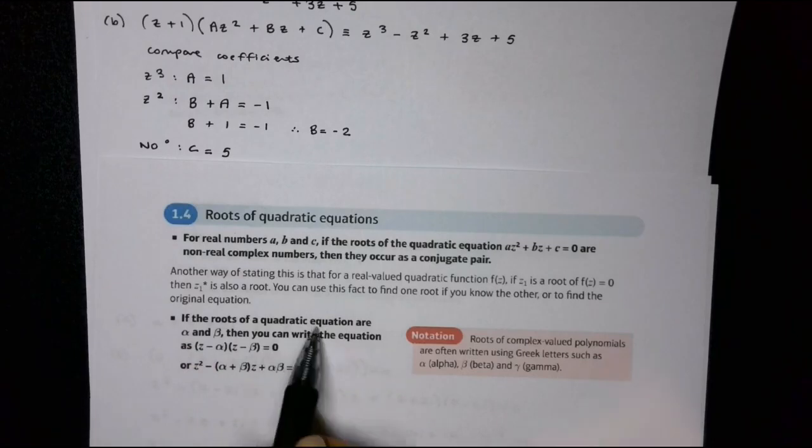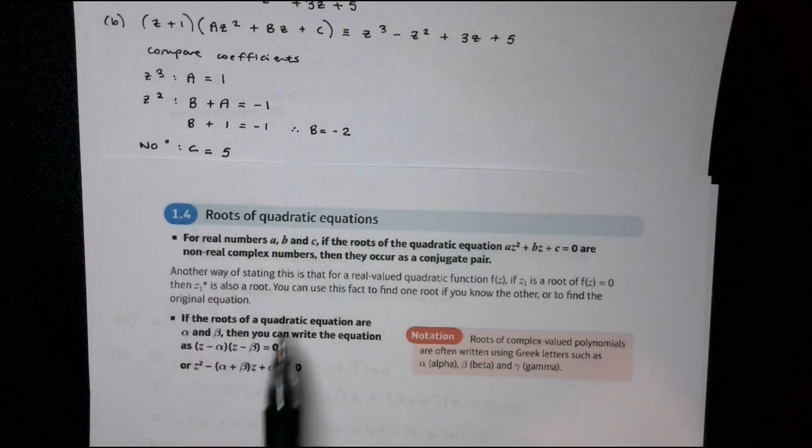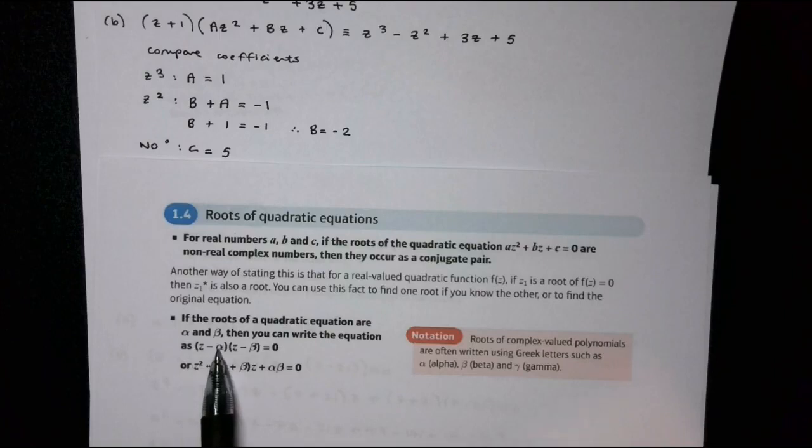And of course, in this particular case, what we saw in section 1.4, when we have z minus alpha lots of z minus beta equals 0, either z is equal to alpha or z is equal to beta. Either the first bracket equals 0 or the second bracket is equal to 0. So knowing the roots, we can write our result using the product of brackets equals 0.